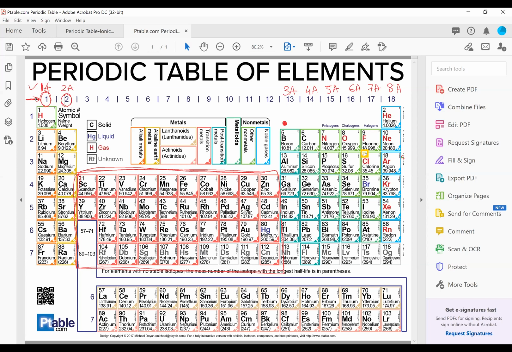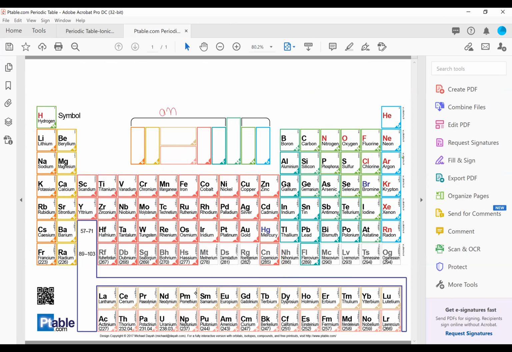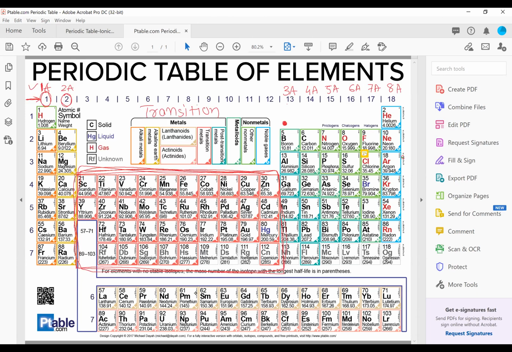The central section of the periodic table, which I just highlighted here, has a specific name, which you should know. Not everybody refers to this name. However, you should know the name: it is called transition metals.